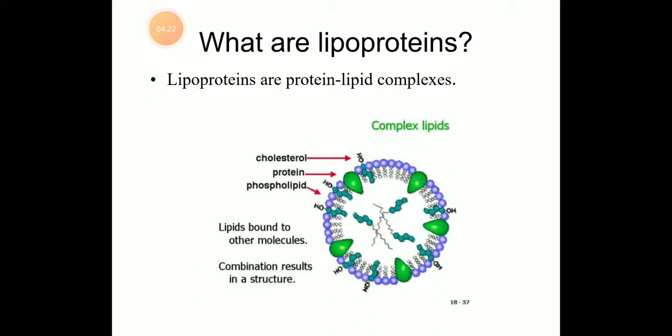Now cholesterol, triglyceride, and phospholipids are transported in plasma and other fluids in lipoprotein particles. Lipoproteins are macromolecular aggregates that contain lipids and proteins known as apolipoproteins or apoproteins.